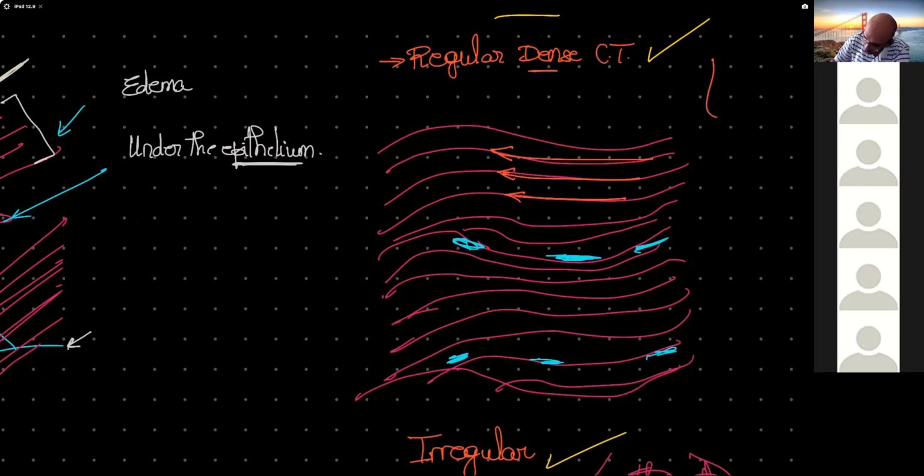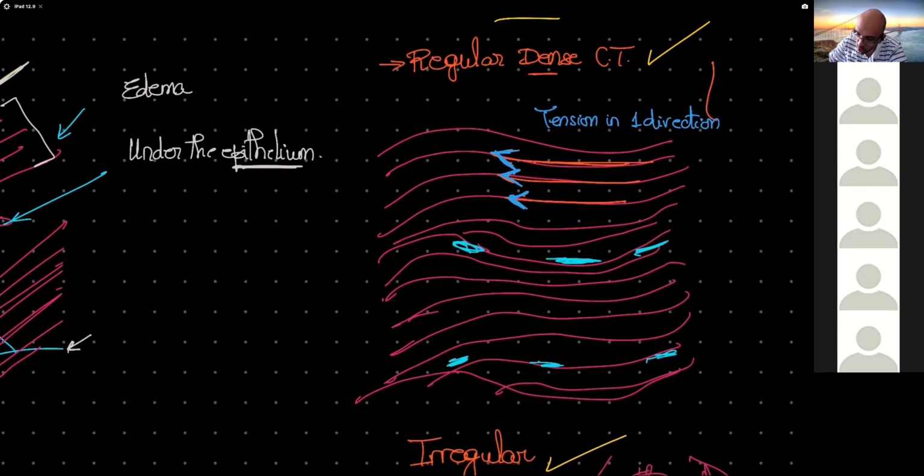Remember, the function of the dense regular is to allow tension in one direction. So where do I allow tension in one direction? Remember when you train your biceps in the gym, you're going to be training the biceps like this, not like this. Why? Because you are afraid to rupture your tendons.